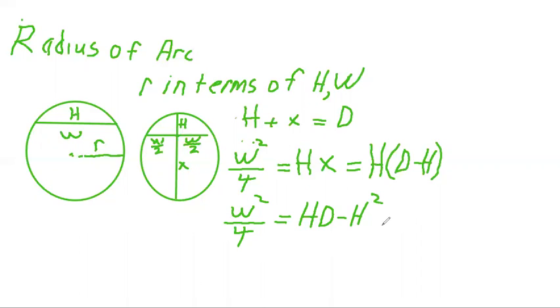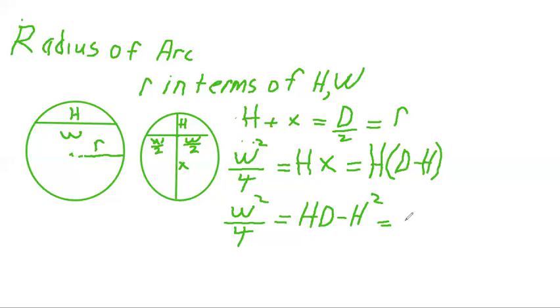Okay, so this would be equal to, now y'all right here, I'm going to exploit the truth. What do we need to do right here? We know that D over 2 is the radius. Okay, right here, let me do this. D over 2 is equal to the radius R. All right, so D over 2 would be H plus X over 2.